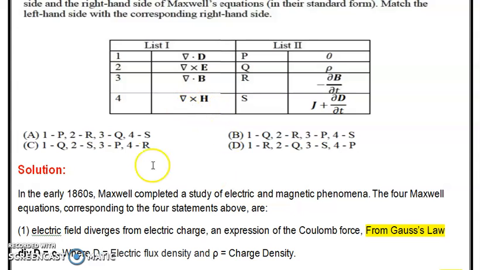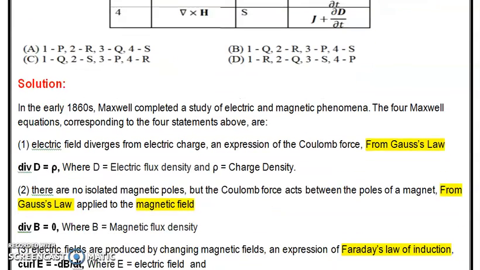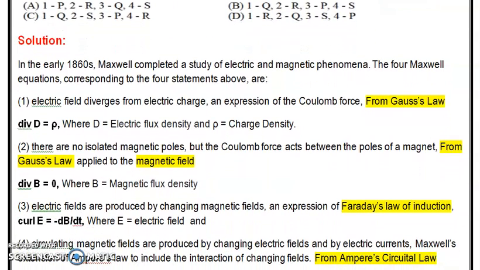Here you have curl H. It is from Ampere's circuital law, that circulating magnetic fields are produced by changing electric fields and by electric currents. It is Maxwell's extension of Ampere's law to include the interaction of changing fields.